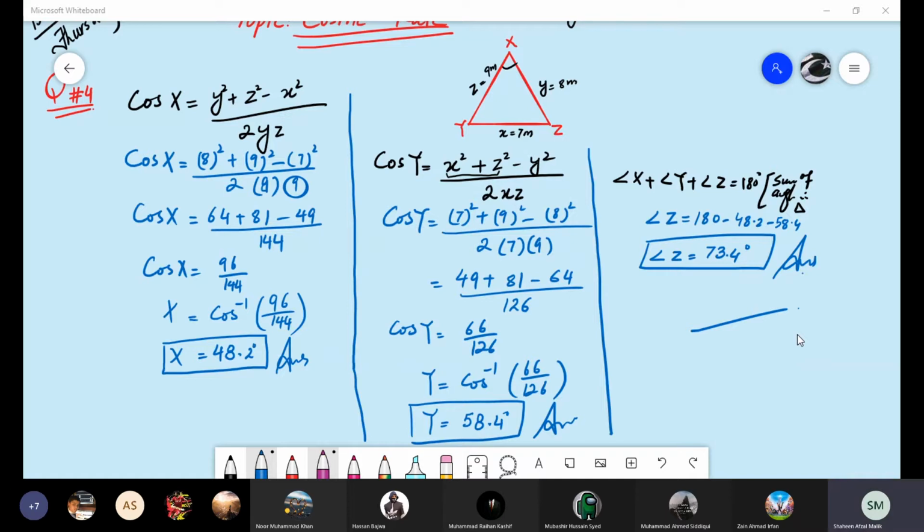Muhammad Ashar Nadeem will solve question number 5. Quickly, boys, complete this question, then we can move to the next.